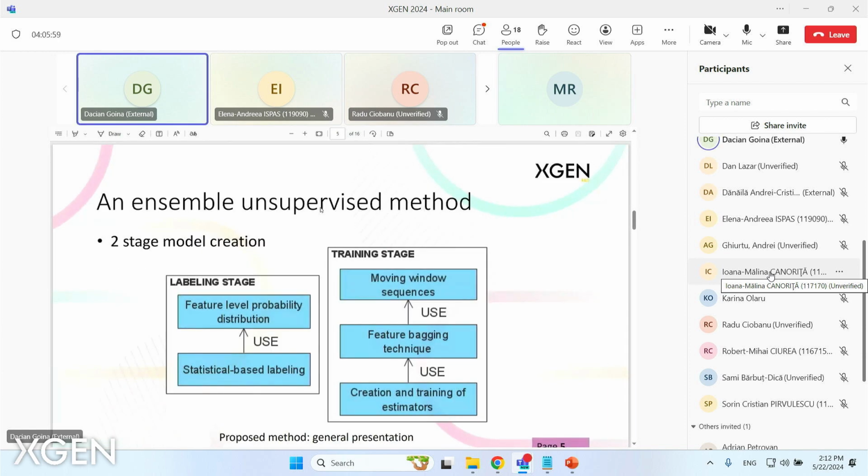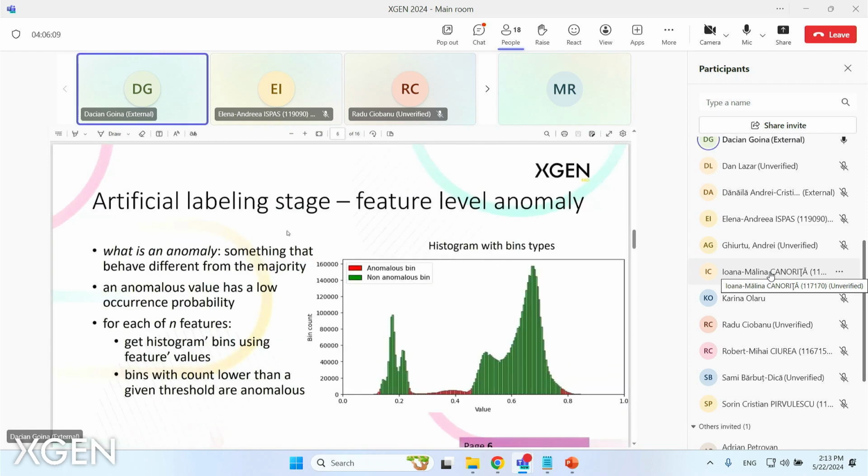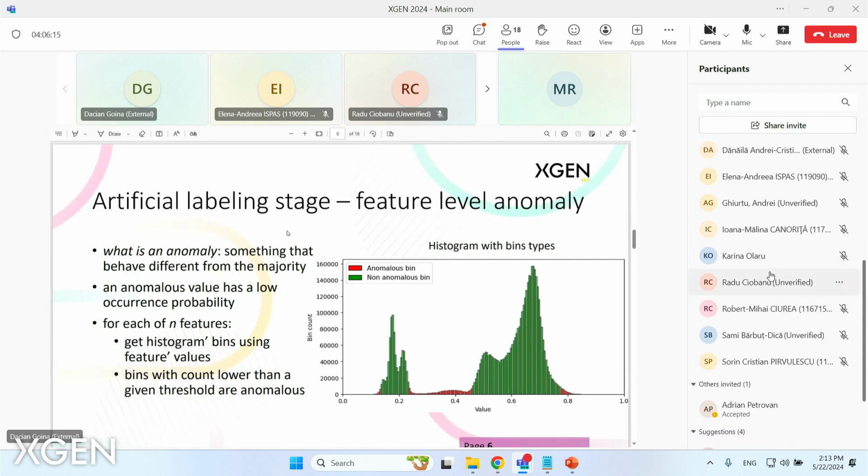Okay, and the proposed method consists of two stages, labeling stage and the training stage, and we will see every stage. For the artificial labeling stage, as I mentioned, we start with a data set with no labels. So we could put some artificial, some synthetic labels on the data.